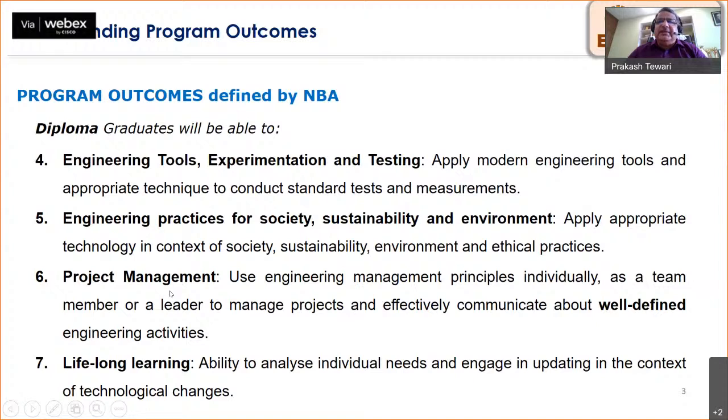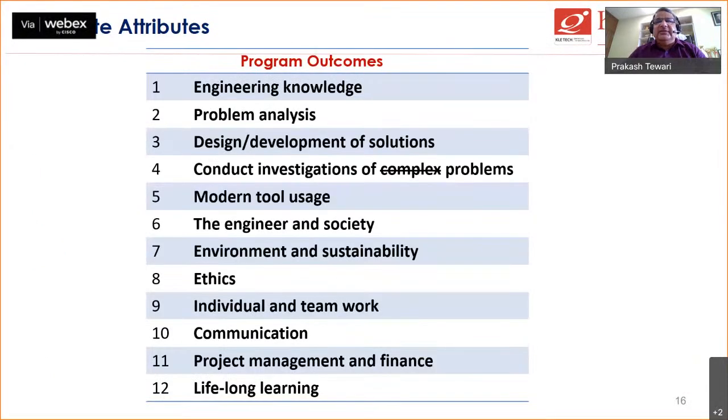Similarly, project management, teamwork, and also communication, 9, 10, 11, are clubbed and called 6. And lifelong learning, 12, is renamed as 7. So this is how the 12 program outcomes of the undergraduate engineering program have been reduced to 7. Here I have made it a little more clear.